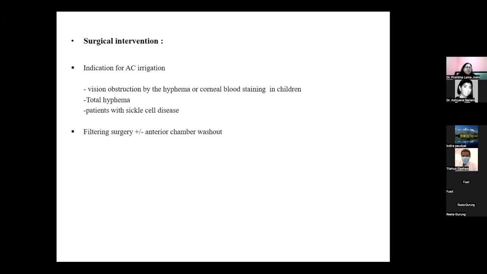The indications for AC irrigation are vision obstruction by hyphema or corneal blood staining, total hyphema in children, and patients with sickle cell disease. We may need filtering surgery with anterior chamber washout if the IOP is uncontrolled.